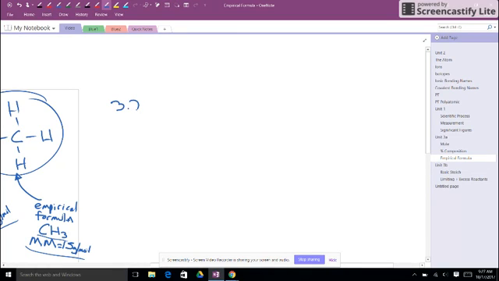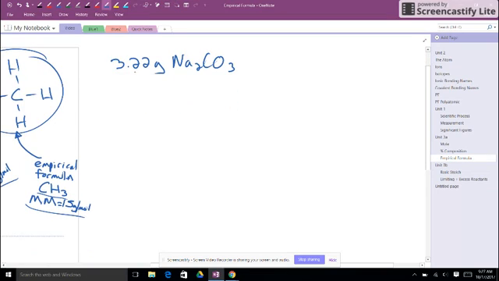It said I had 3.22 grams of my sodium carbonate without the water. And now the value of the water, again, is going to be the difference between the initial and the final. So that value that went down represents the water that was evaporated away. So the difference between 4.31 and 3.22 grams is 1.09 grams of H2O.